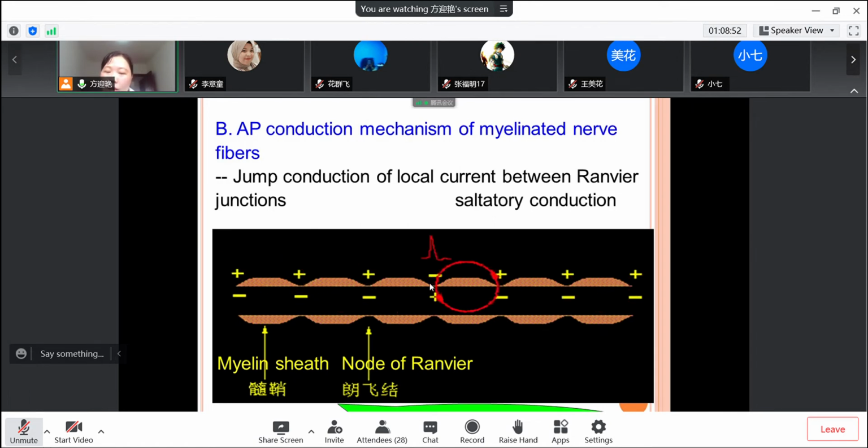And then we can see that this jump conduction is that. So I hope you know that the action potential is conducted along the nerve fibers or the cells.